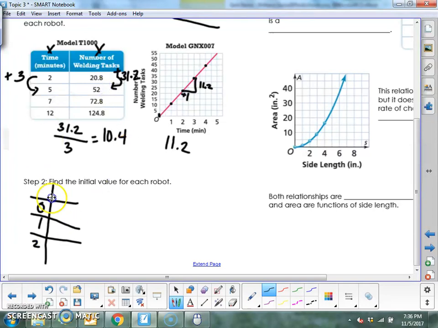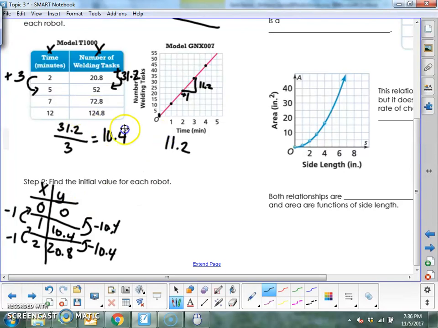At 2 it made 20.8. Our slope was 10.4 per minute, so if I subtract 10.4 from 20.8, that would mean that at 1 minute it made 10.4, and if I subtract 10.4 again, that means that at 0 minutes it made 0, because 10.4 minus 10.4 is 0. So I essentially subtracted my rate of change so that I could work backwards to see how much it made at 0 minutes.